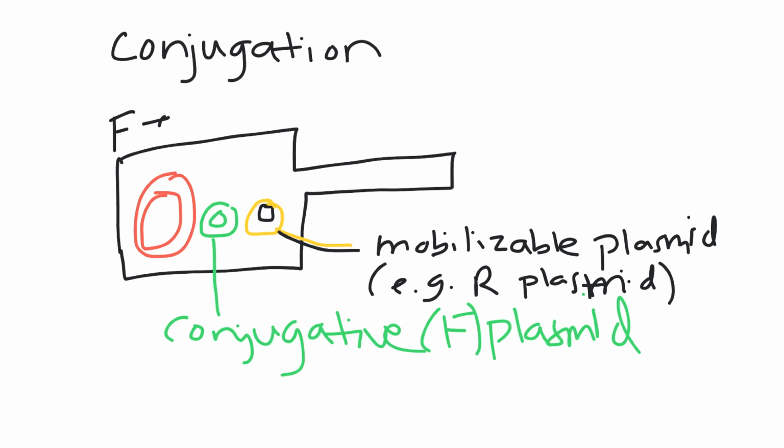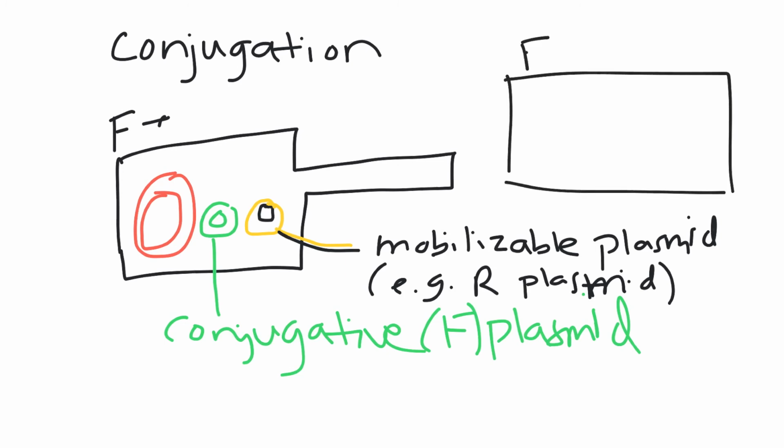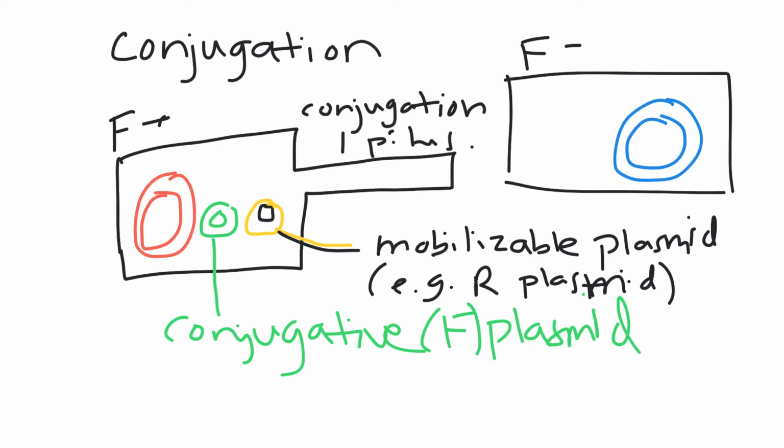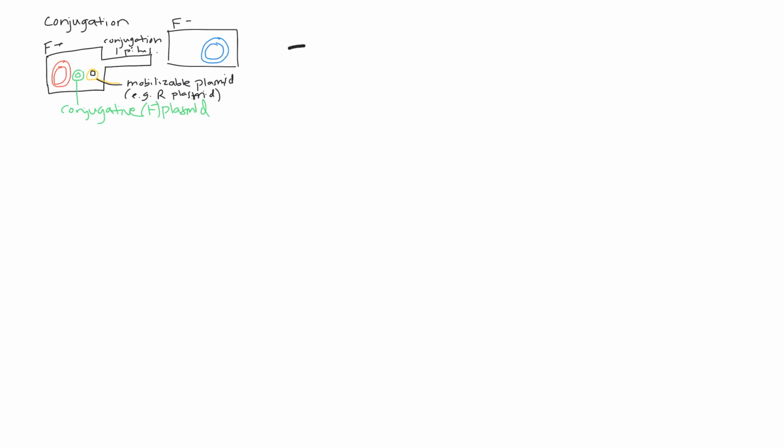So here's our donor bacterium, and there's our recipient bacterium. And just remember, this is our conjugation pilus here, formed of proteins. So now we have a similar sort of scenario.